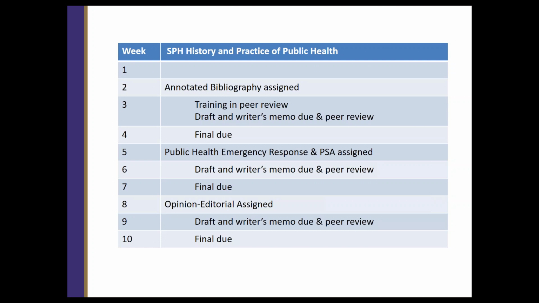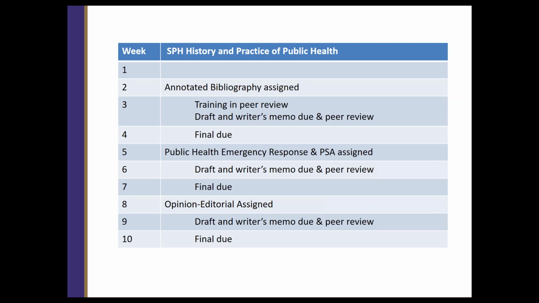So in week 2, they are introduced to their first writing assignment, and this is an annotated bibliography. During class in week 2, we talk about the assignment, we talk about the rubric, which are the expectations. We introduce the idea that they should start thinking about planning and starting to do research or discovery about the data that they'll need for their bibliography.